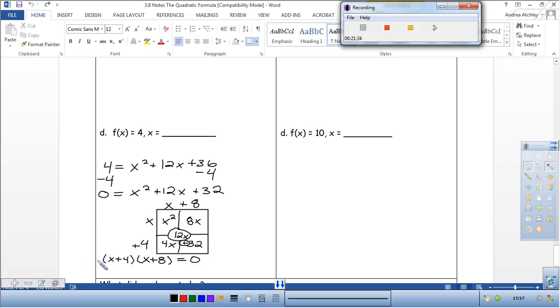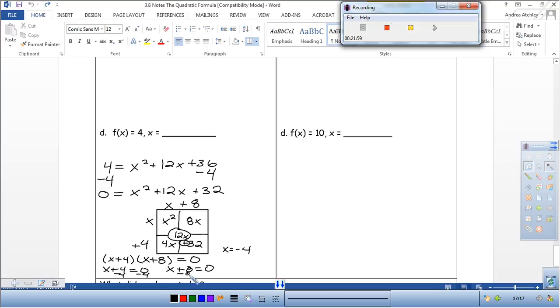Now you're going to separate them and get x plus 4 equals 0 and x plus 8 equals 0. We subtract that 4, and that will give me x equals negative 4.